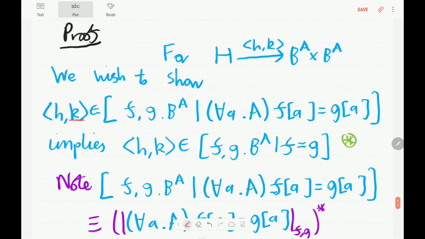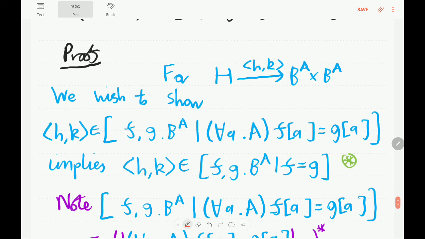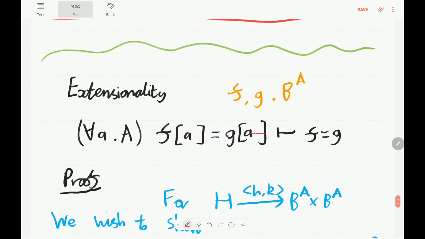So we've shown that if we have an arrow hk in the extension of for all a, f evaluated on a equals g evaluated on a, then we have our general arrow hk in the extension of f equals g over f and g. Therefore, this subobject is contained in this subobject. Therefore, this formula here implies this formula here. And that's the axiom of extensionality.